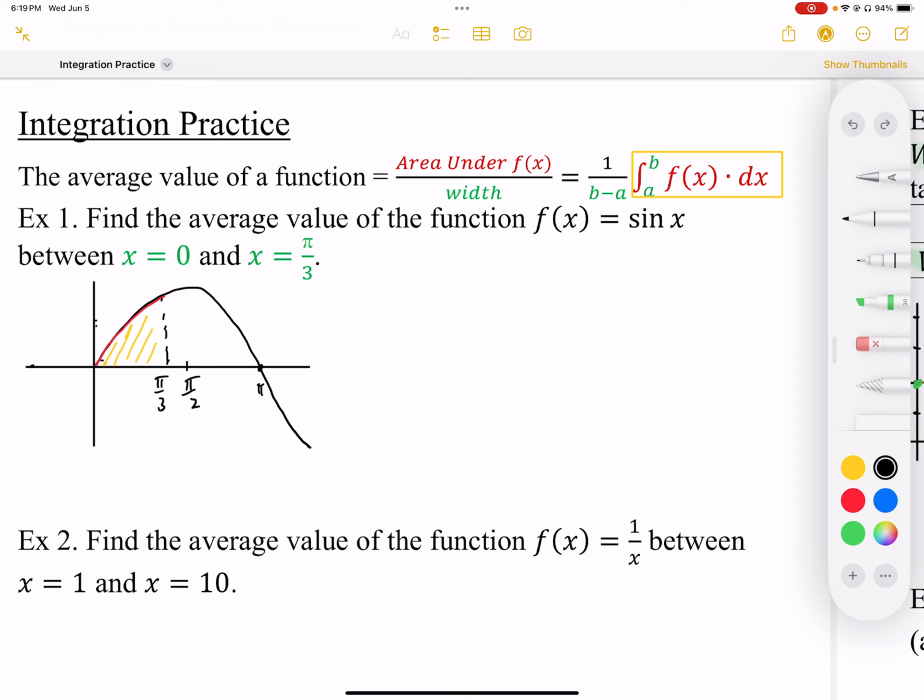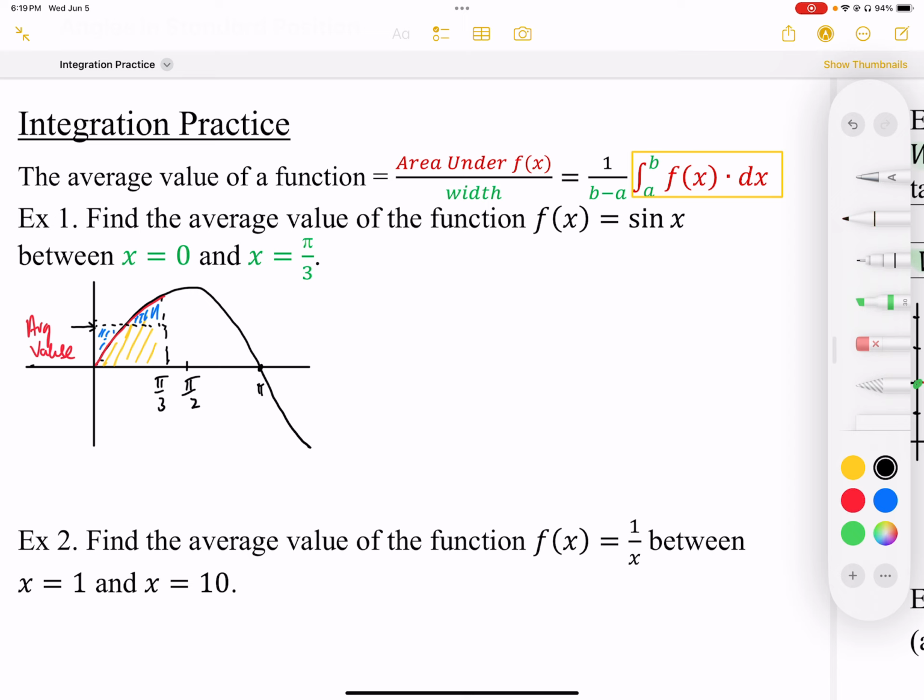So maybe right about here, that's going to be the average height. And we can tell it's the average height if this little bit in here matches the part that's out here. That gives us the line I've just drawn in. This represents the average value or average height. And to do this, we use this formula, so I'm going to apply this formula here.